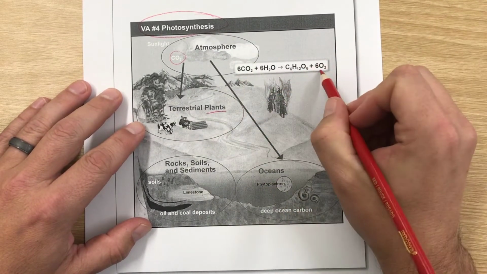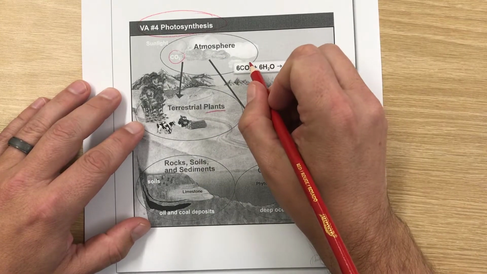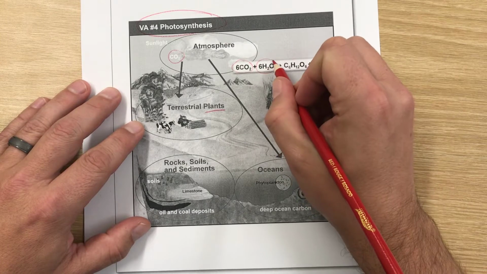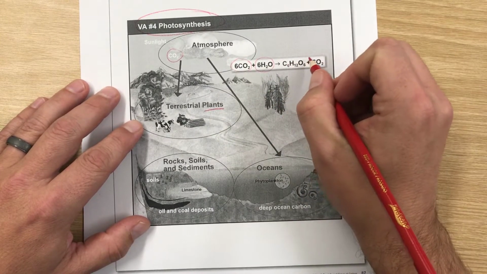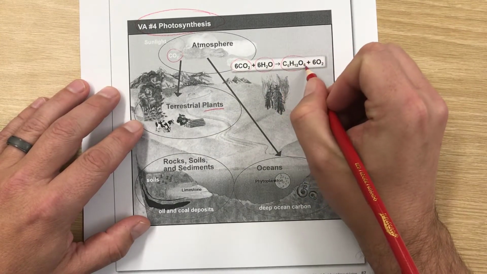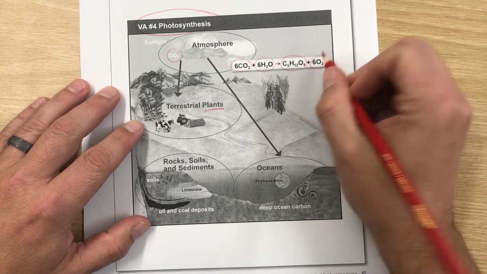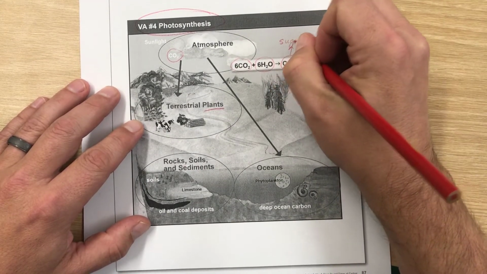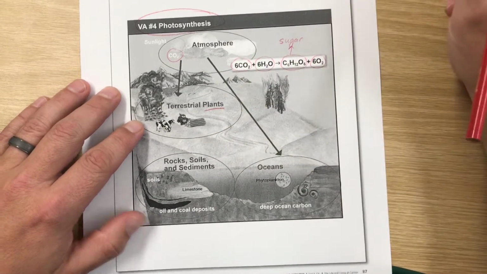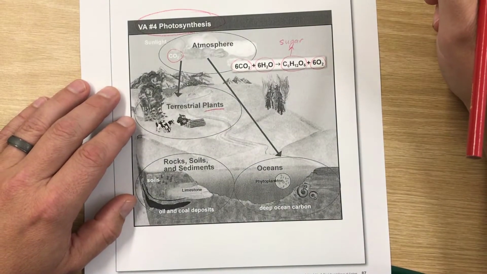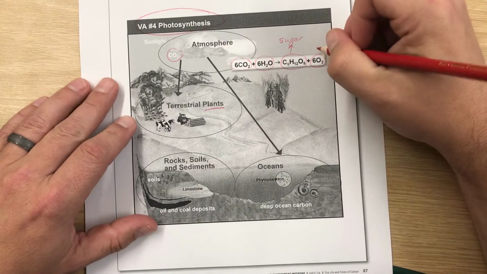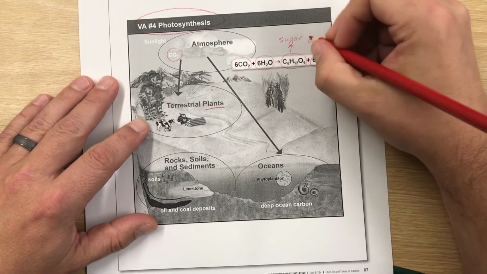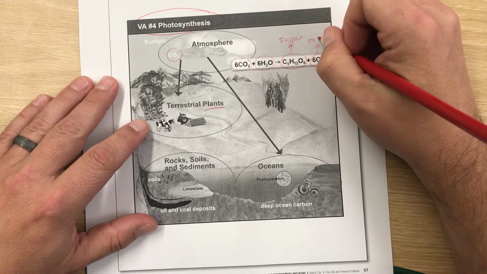And we see that in this equation here, where carbon dioxide and water are taken up by plants to make sugar and oxygen. Now, the oxygen is what we use to breathe, right? And all the other creatures that are utilizing oxygen are getting it from plants as a byproduct of photosynthesis.